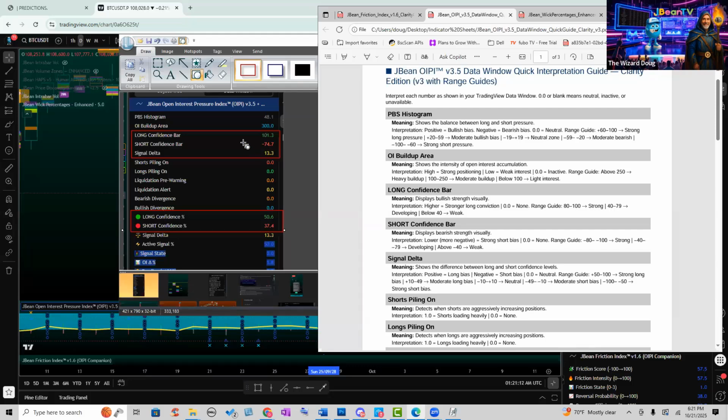Okay. This isn't just reading basic volume. This is reading actual contracts. So when I look at the market and I look at actual committed money and contracts, this is positive, okay? When I look at the long confidence versus the short confidence, we're very positive.